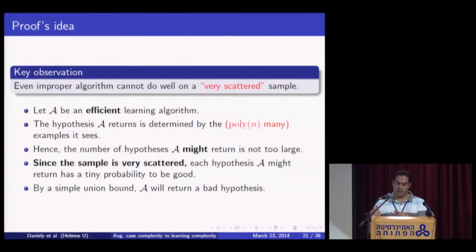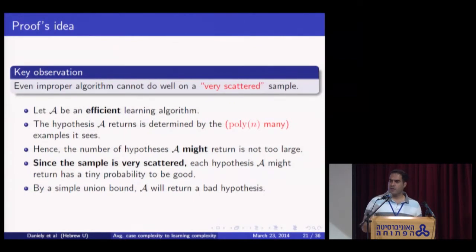And therefore, at least if it's deterministic, if it's not, we use a variant of this argument, but if A is deterministic, then the hypothesis A returns depends only on polynomially many samples, and therefore the number of hypotheses A might return is not too large, because we can describe each of them by a string which is of polynomial size.